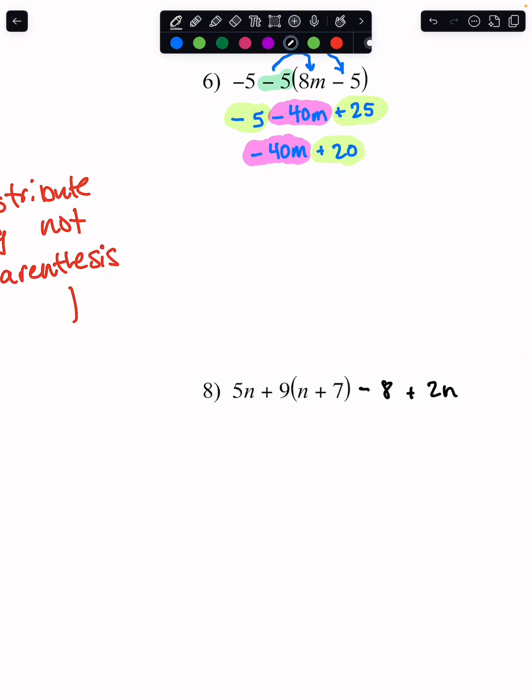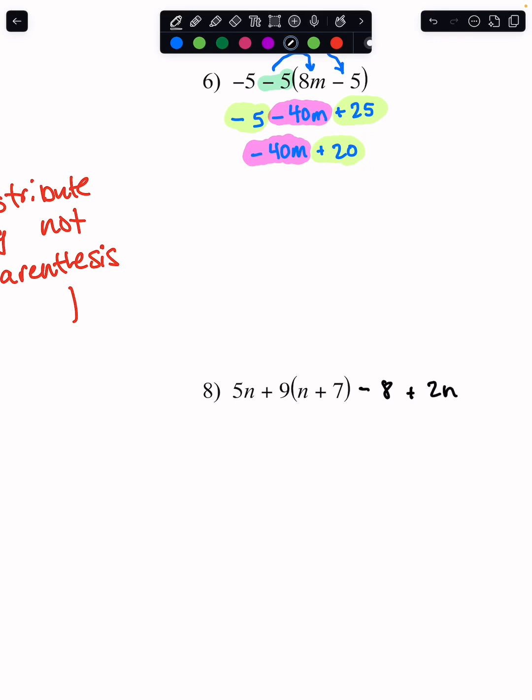So this question is going to say 5n plus 9 parentheses n plus 7 minus 8 plus 2n. Okay? So let's go ahead and do this one and see what happens. Then I'm going to actually write one more so that you guys can get some more practice.